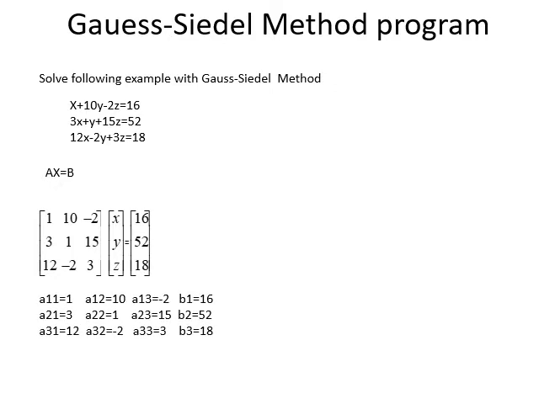With that we can write that a11 is 1, a12 is 10, a13 is minus 2, b1 is 16, a21 is 3, a22 is 1, a23 is 15, b2 is 52, a31 is 12, a32 is minus 2, a33 is 3, and b3 is equal to 18. Now this is not in a partially pivoted form.